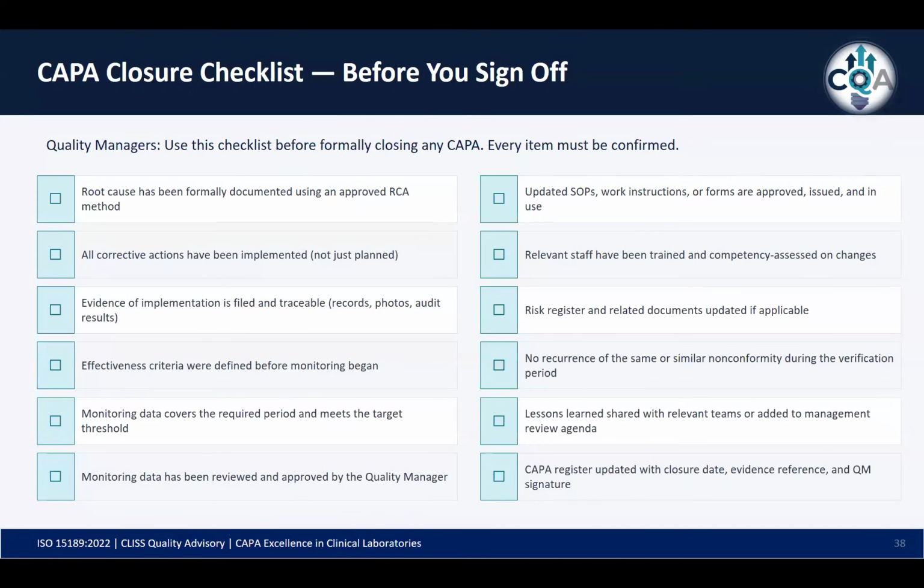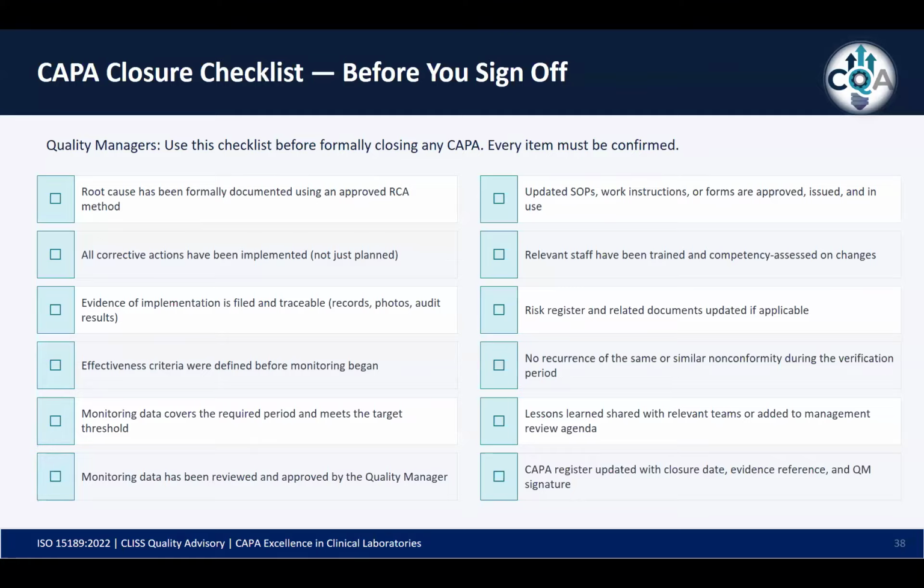Work instructions or forms are approved, issued, and are now in use. You also need to check relevant staff have been trained, and there are competencies to support the training that was done on the changes that were made. You also need to check if the risk register has been updated, if applicable. It's a requirement of 8.7.